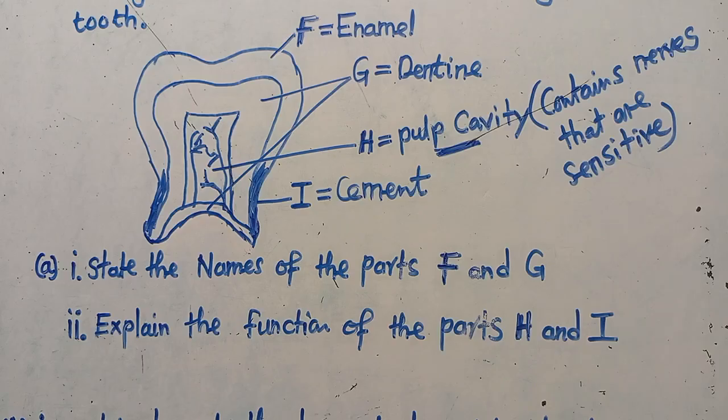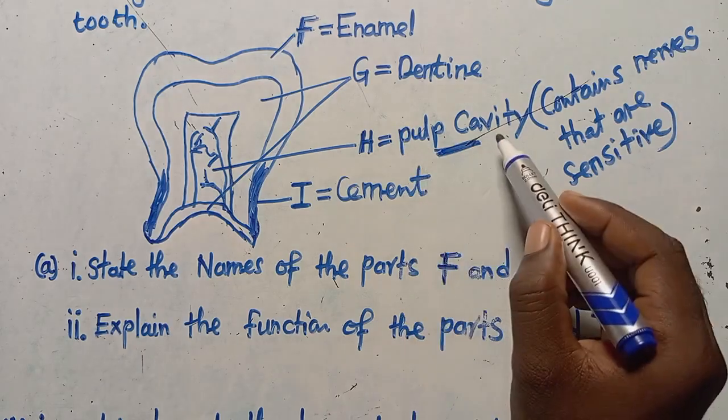These blood vessels transport oxygen and food to the tooth. So what is the function of the pulp cavity?